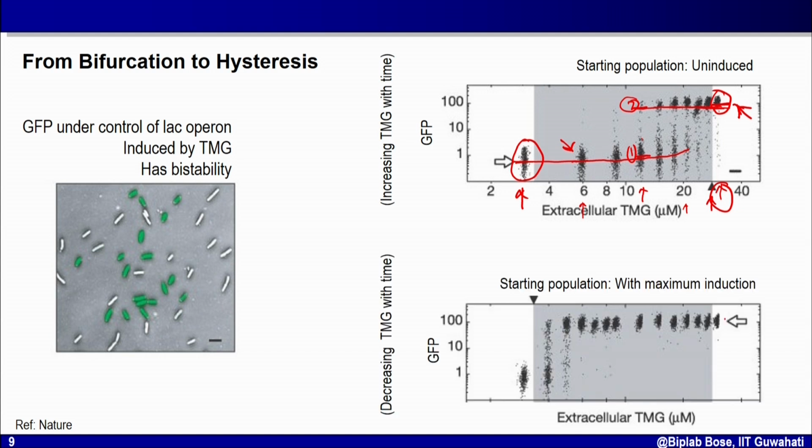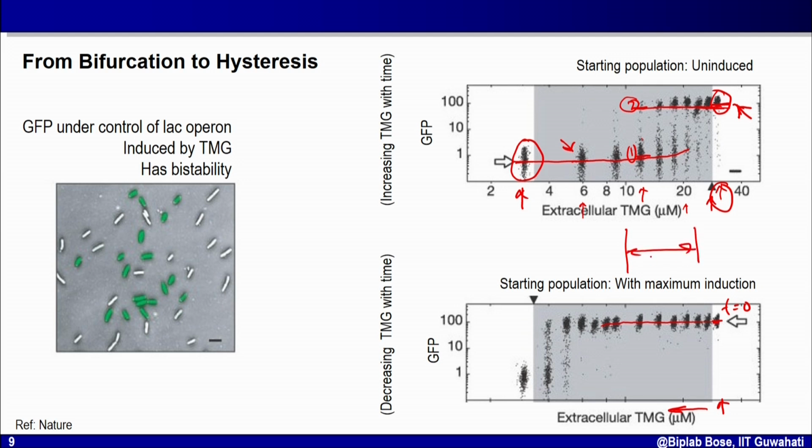So here you have the starting point t equal to 0, where cells are induced with a high amount of TMG, around 30 micromolar. So they have a high amount of expression of GFP. As they decrease the amount of TMG, you can see the cells are still remaining at the higher value. They are not dropping to any lower steady state value of GFP, although they have reached the region where bistability is possible.